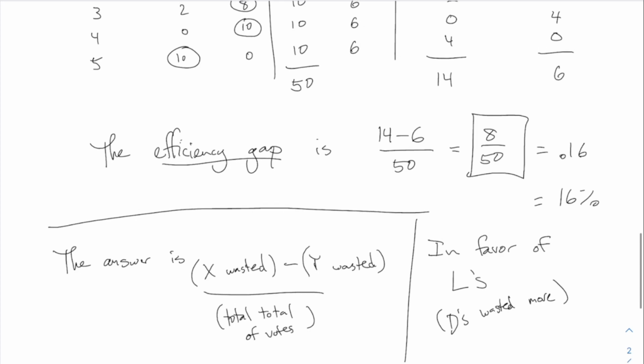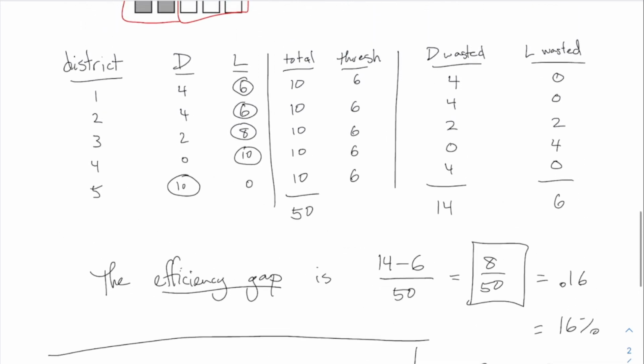I'll scroll up to here. In this example, the one on top is what I would call a natural division into 4 districts, whereas the one on the bottom looks to me like it's been packed. It's using weird shapes and such. So you should expect that the efficiency gap on the bottom is bigger because there's more packing, and the one on the top should be smaller. But it'll take a while to work those out. See what you think.